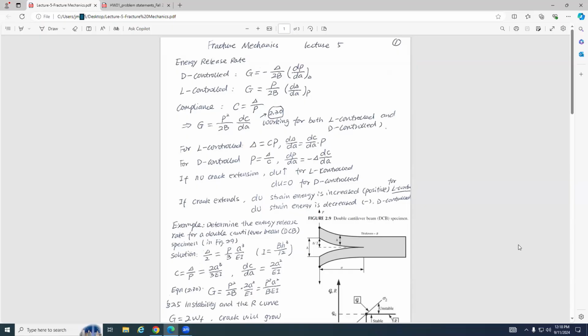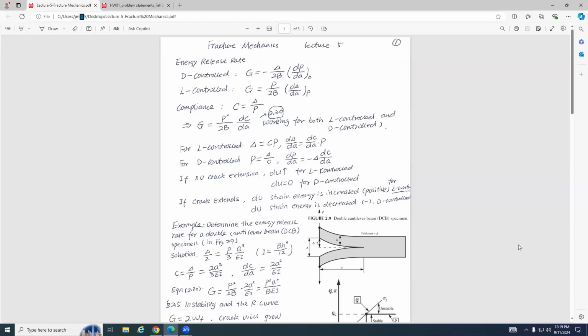However, for displacement control, on the contrary, the displacement does not change, but the crack is growing. As the crack grows, we know that this body, this specimen, becomes softer, right, guys?